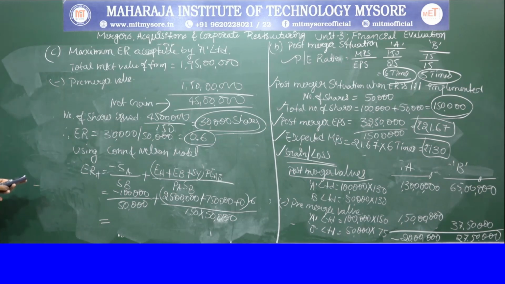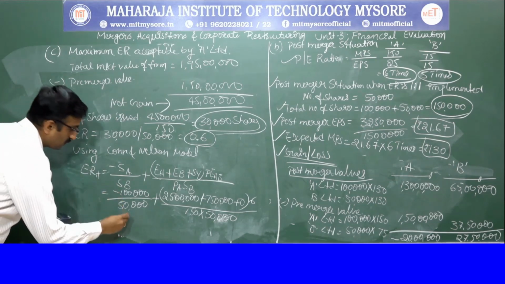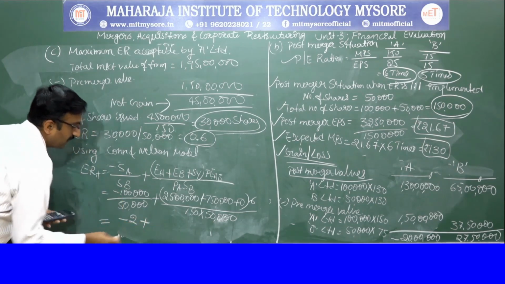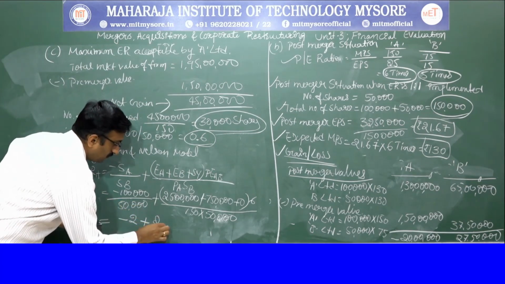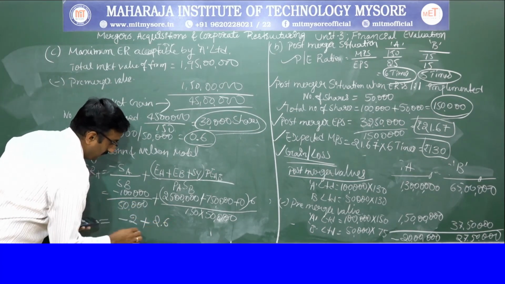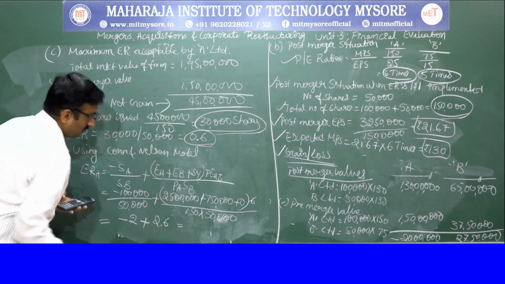Take another step and find out. You will get minus 2 plus 2.6. Okay.